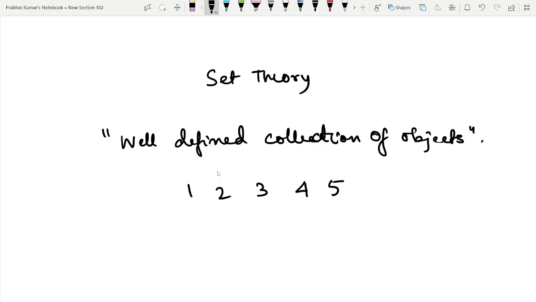For example, the natural numbers till 100, this is a set. The planets in our solar system, that is a set. The number of students passing class 12 from West Bengal in 2022, that is also a set. So what are some non-sets?